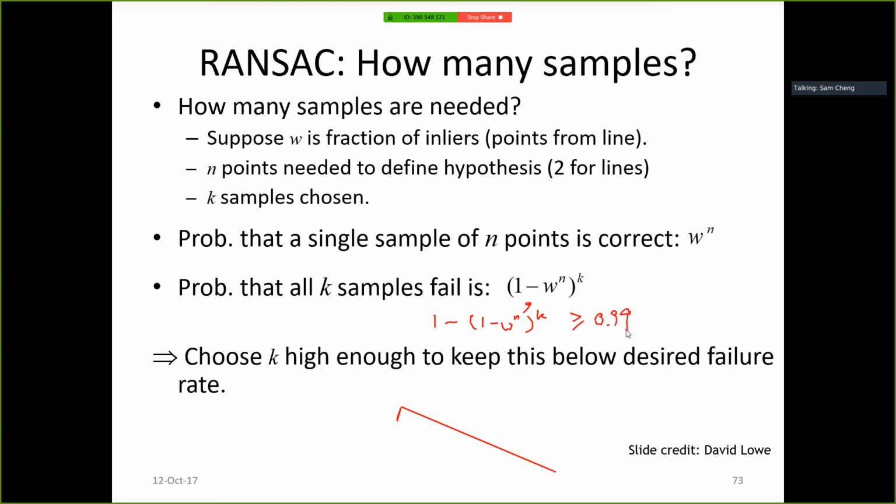I have no control of W unless I have good descriptors, and I have no control of N, but I have control of K. So if I want this value to be 0.99, I just need to pick a K that gives me larger than 0.99.